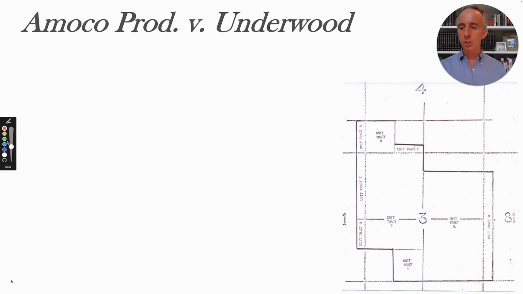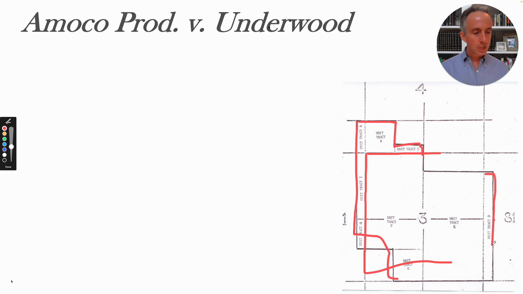What I want you to notice is that first, this is a very weirdly shaped unit. You can see that it doesn't follow these sort of normal section boundaries. Instead, it basically zigzags around, catching little parts of neighboring properties to ensure that it keeps those leases.